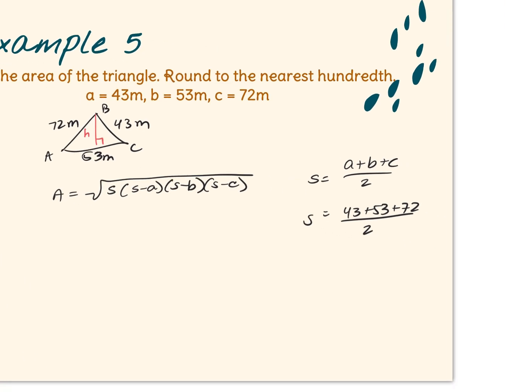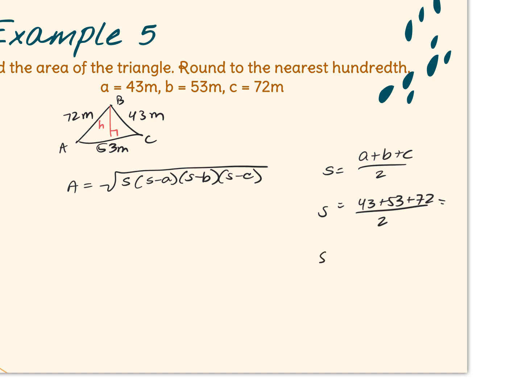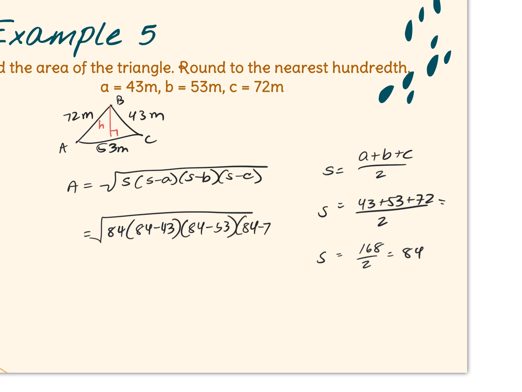So we get that S equals 84. It's 168 divided by 2, which is 84. So we come back to the formula, and you just plug it in: 84 times 84 minus A, which is 43, times 84 minus B, which is 53, times 84 minus C, which is 72.